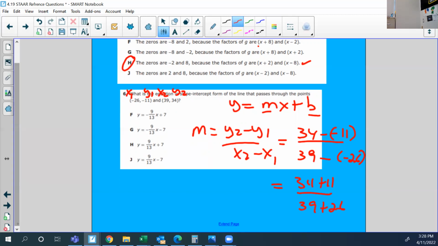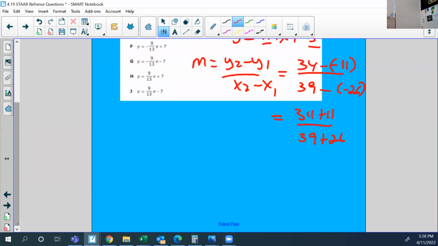And so 34 and 11, I need some more space. That's going to give me 45, and 39 and 26 is 65.